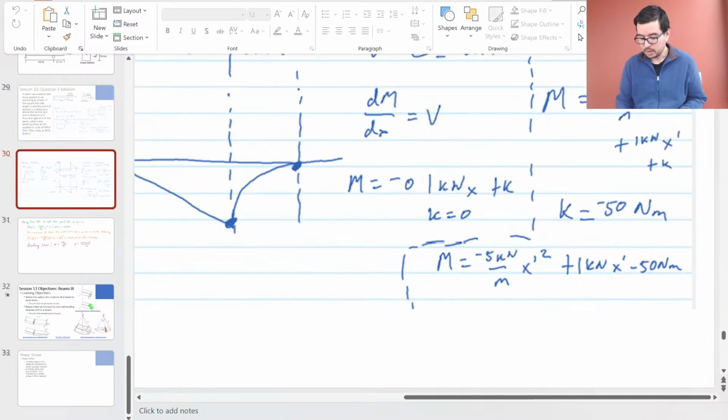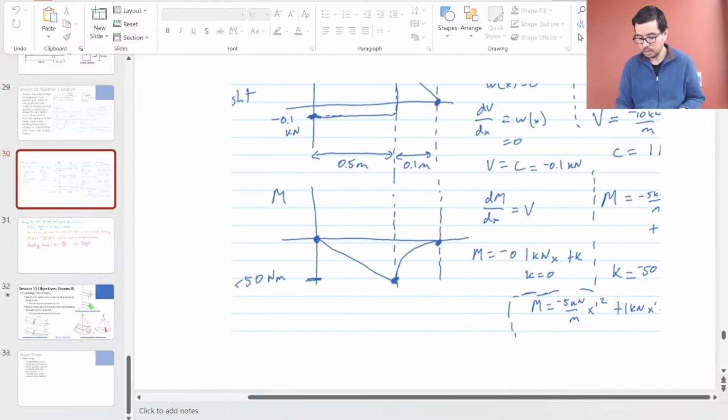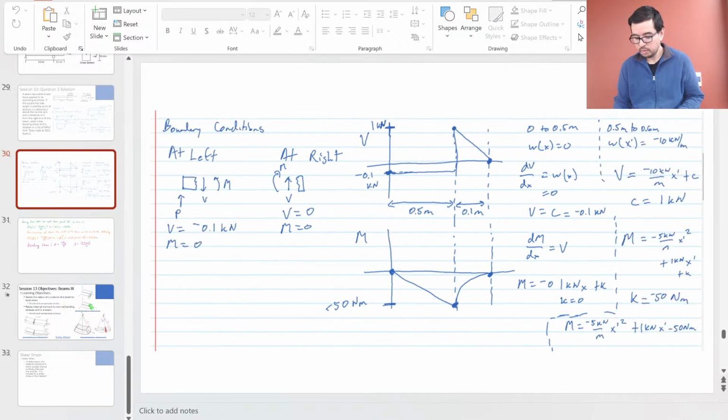What do we do next? If we are using the integral form, what we want to look at is what is happening at the left and the right.